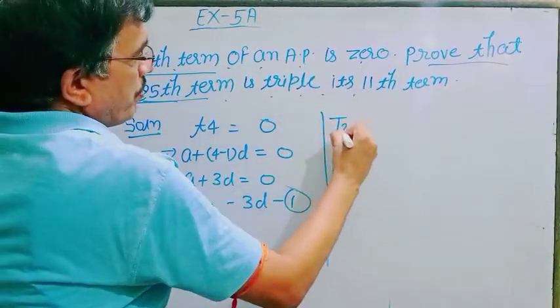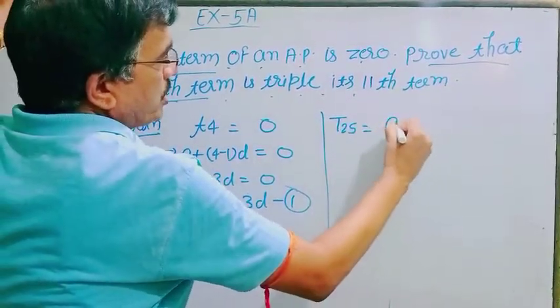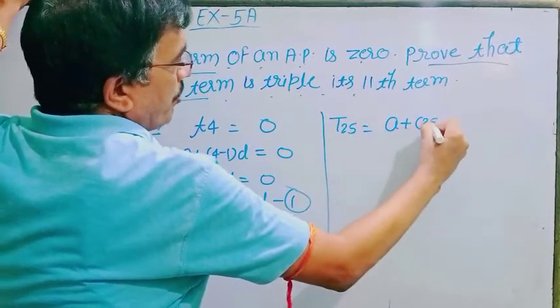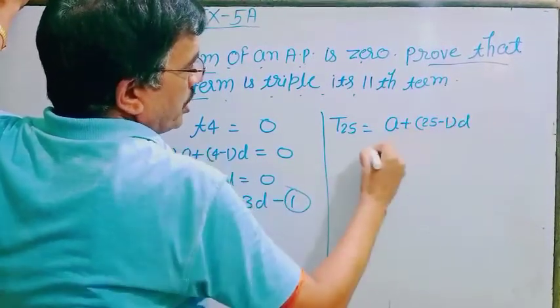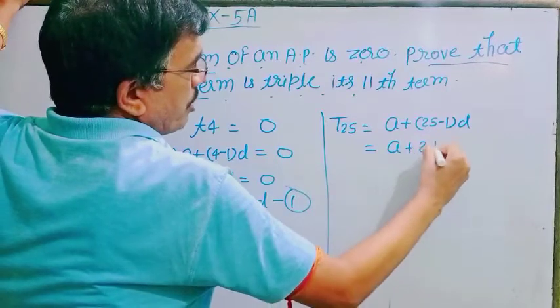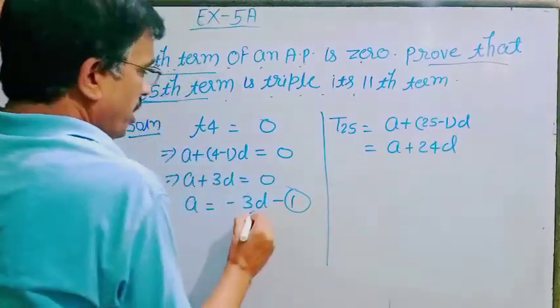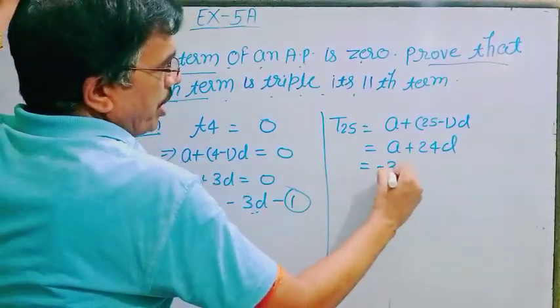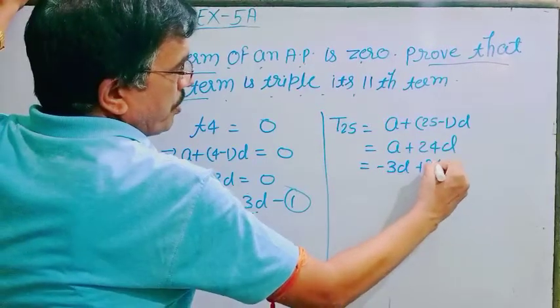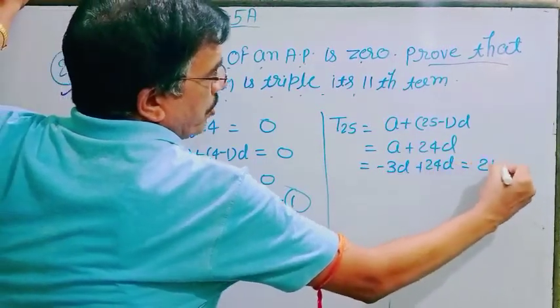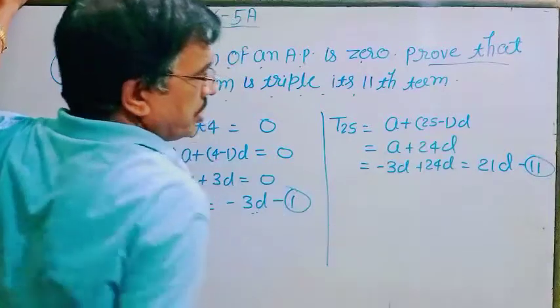Next, your question is the 25th term is triple its 11th term. What is T25? T25 means A plus (25 minus 1) into D, that is A plus 24D. What is A? A is given here: minus 3D plus 24D, that means 21D. Second equation.